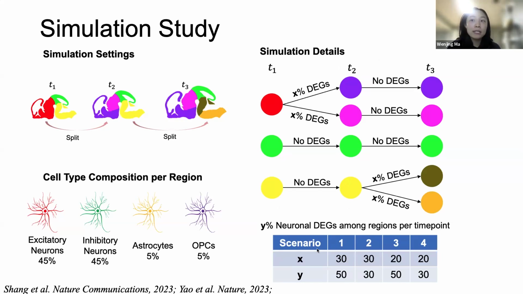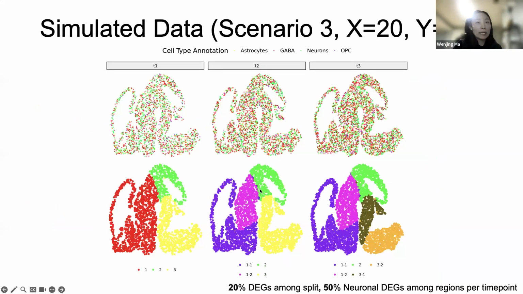We simulate four scenarios from the easiest to the hardest, where the first ones have more DE genes than the last two, because if there are fewer DE genes, it's harder to detect. And here is a quick example of the simulated data.